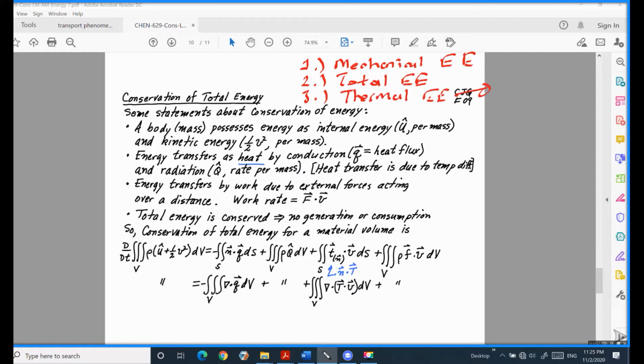The thermal energy equation is the total energy equation minus the mechanical energy equation. This is going to give the thermal energy equation.